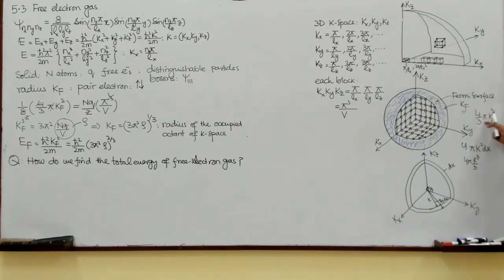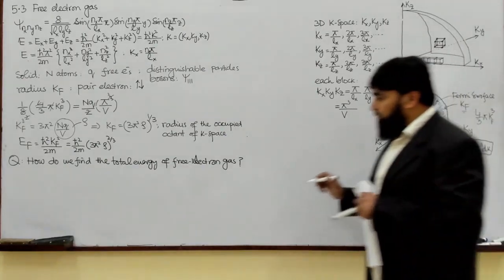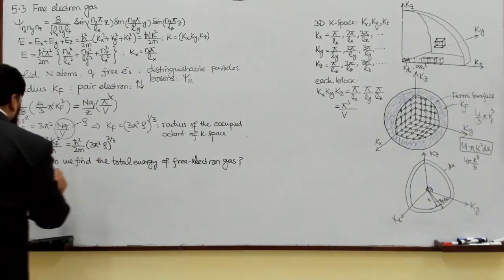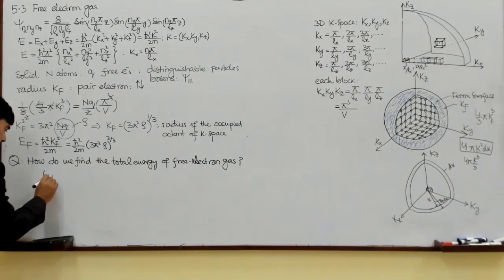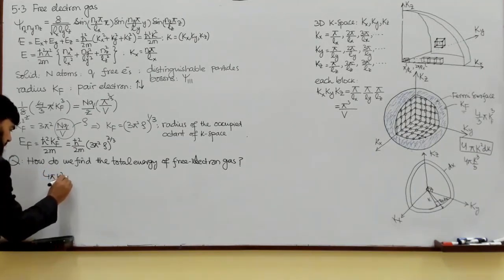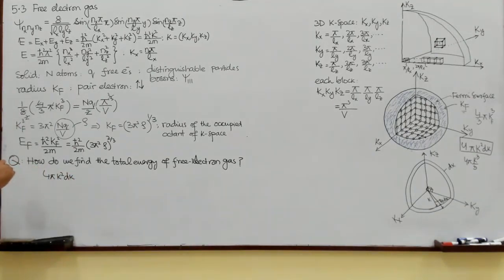So if I want to write it in dk with integration, this will be the total volume: 4 pi k squared dk. And I am considering an octant for the electron, 1/8.